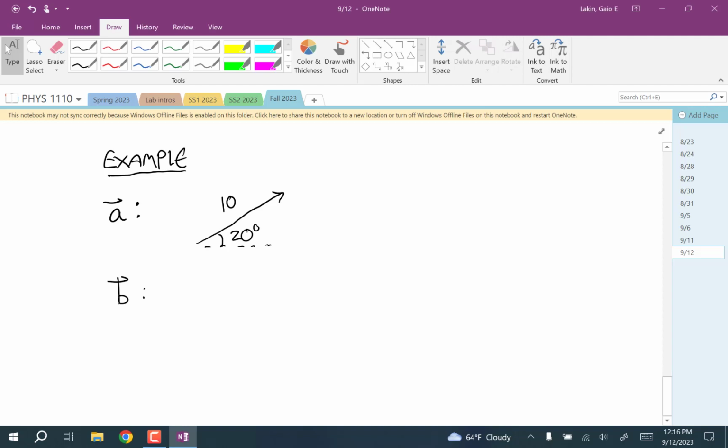And B is a vector with a magnitude of 20 that makes an angle of 40 degrees with that horizontal.